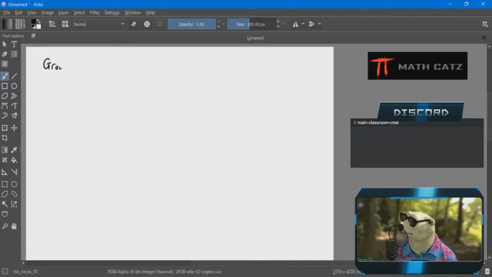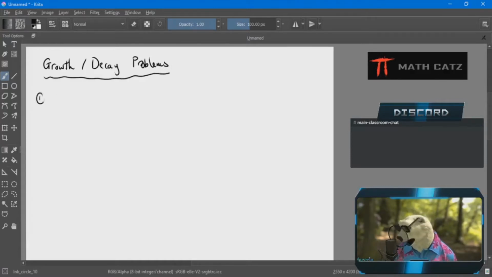So our growth and decay problems so far have been a very basic exponential growth equation where the rate of change, the growth rate of the population, is proportional to the population size.